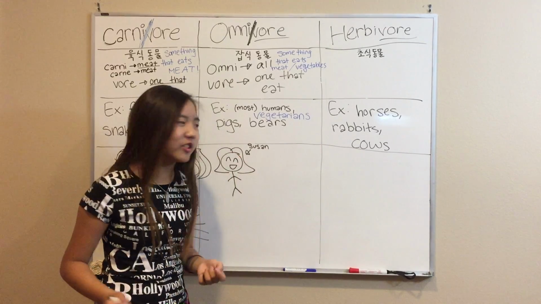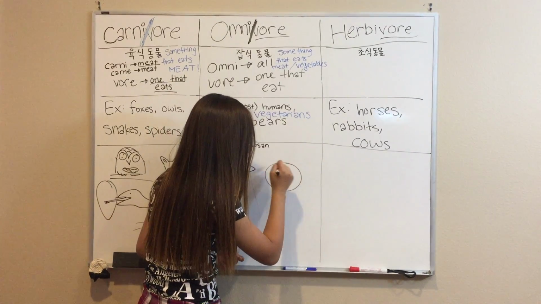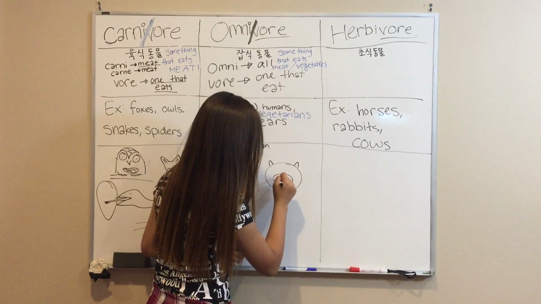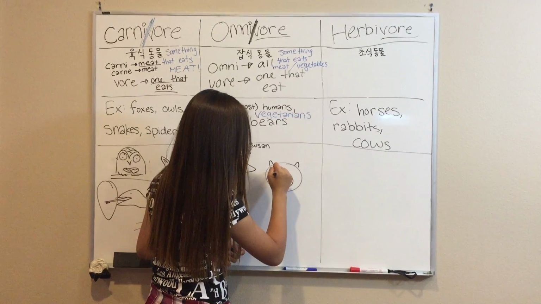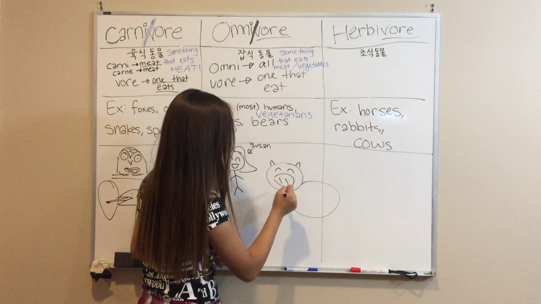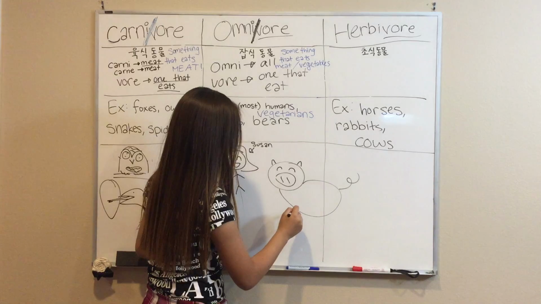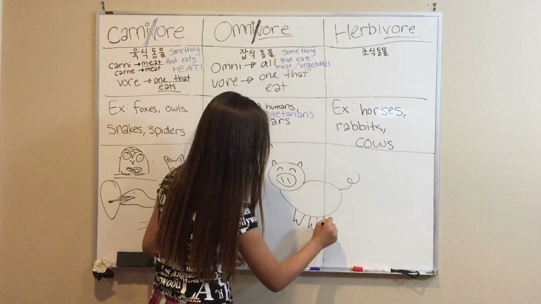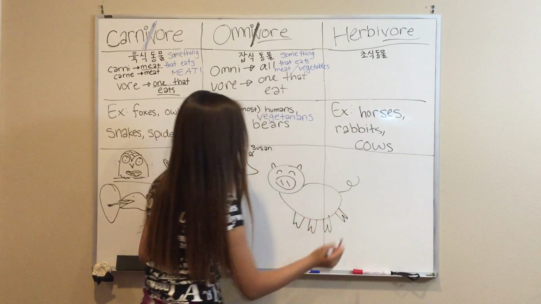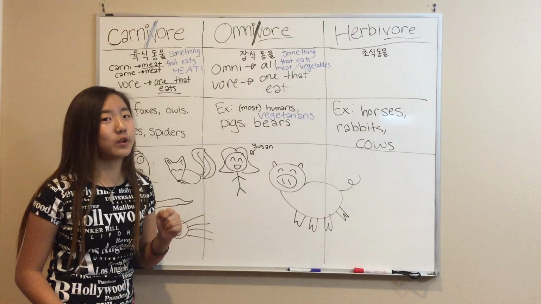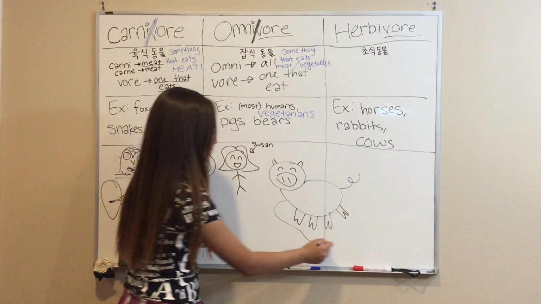I'm pretty decent at drawing pigs, I think, so I probably won't fail on this one. Little ears. That doesn't look that bad. I'm just so intensely focused on this. So that's my pig. The ones that snort and roll around in mud. Here's a mud pile.